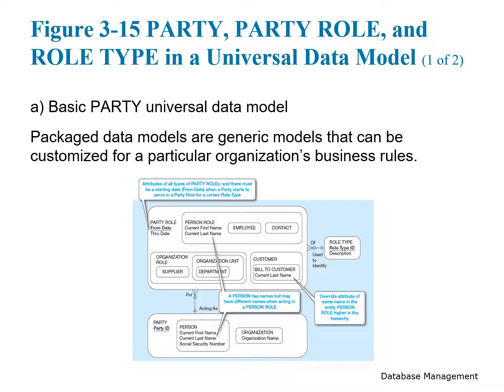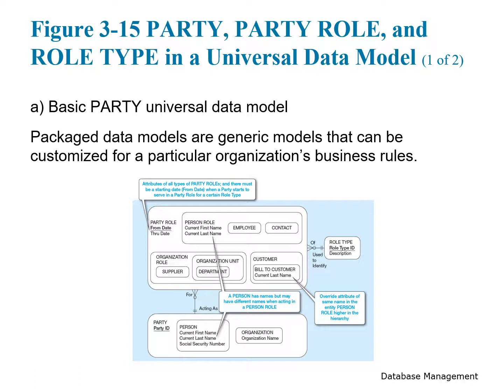We use the supertype subtype notation from figure 3-1c because this is the notation most frequently used in publicly available universal data models. Most packaged data models are proprietary intellectual property of the vendor, and hence we cannot show them in this slide.